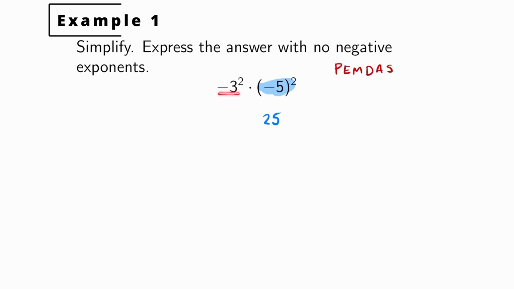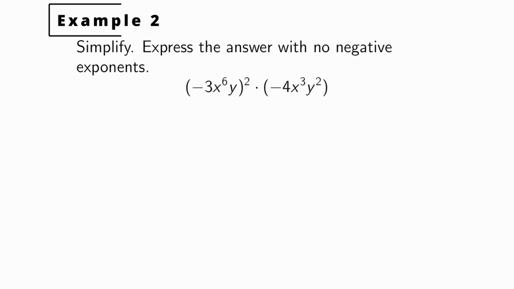So this is not positive 9, it's -9, because it's -1 times 3 squared. So we get -9 times 25, which is, of course, -225.